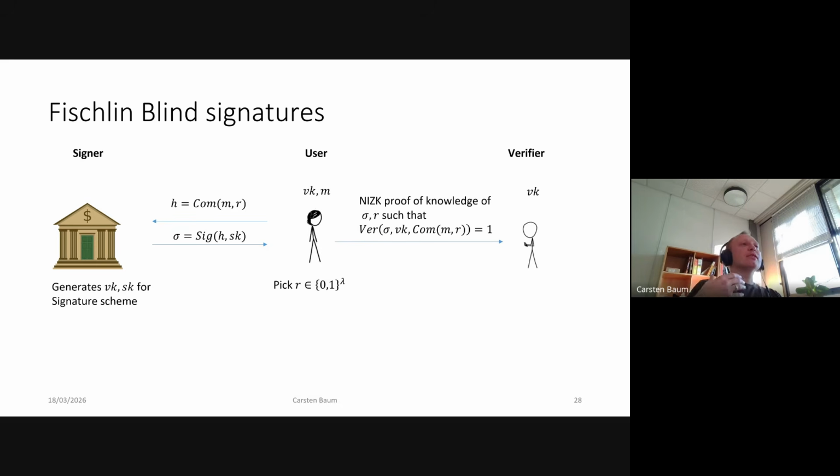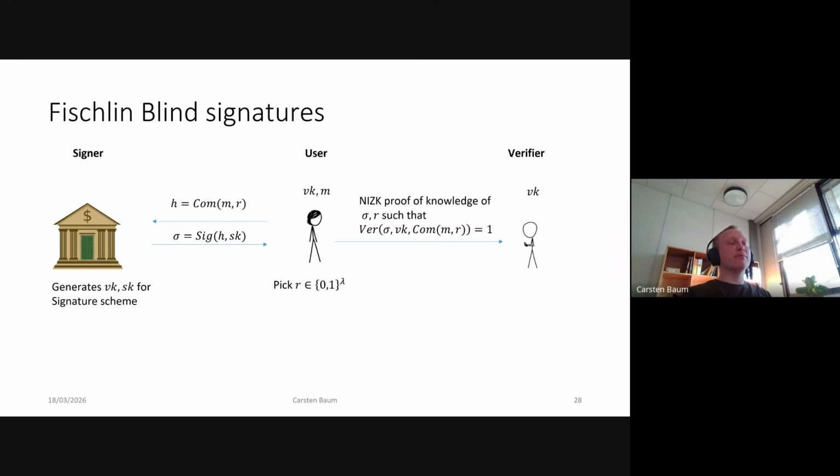My blind signature is a zero-knowledge proof of knowledge that I have randomness R and I have a digital signature sigma such that if I compute the commitment function on my message and my randomness, I get a commitment string out, namely H, and I have this digital signature. But since it's a proof of knowledge, it actually keeps sigma and R private. So as a verifier, I don't learn the commitment and I don't learn the digital signature.